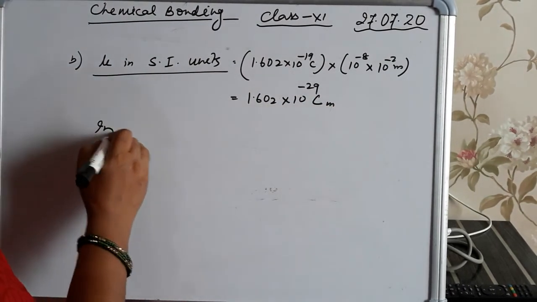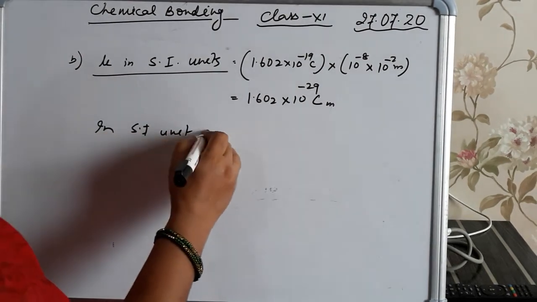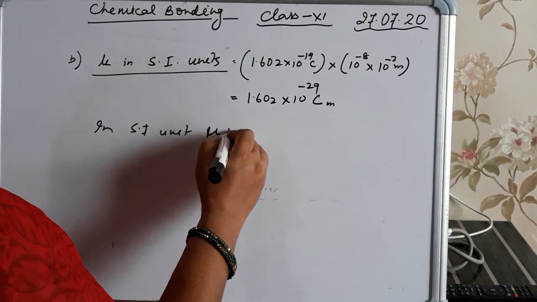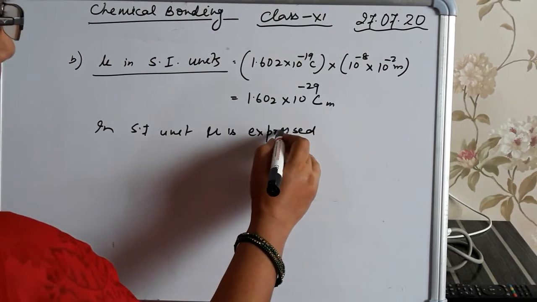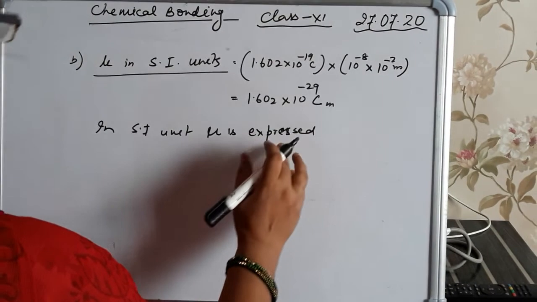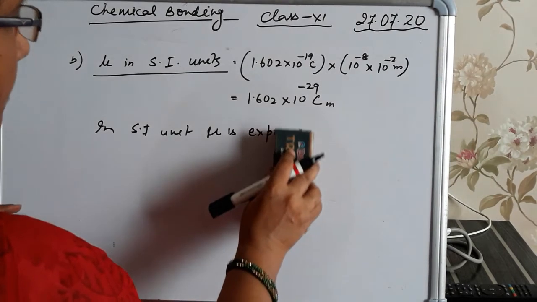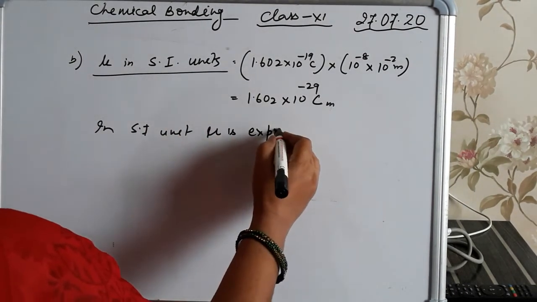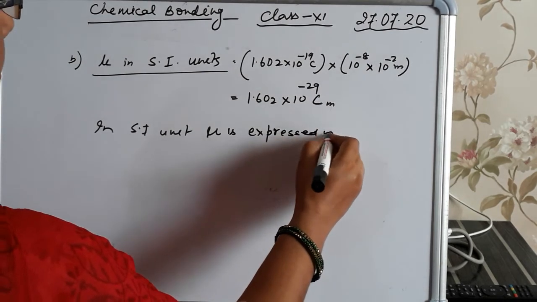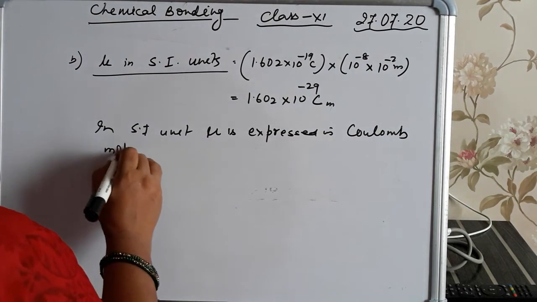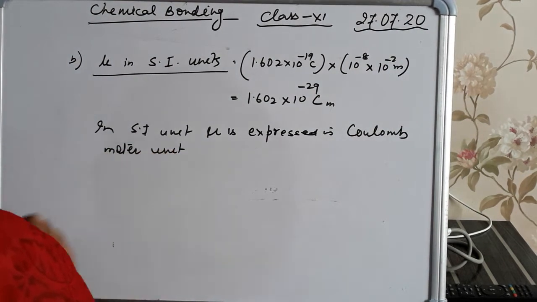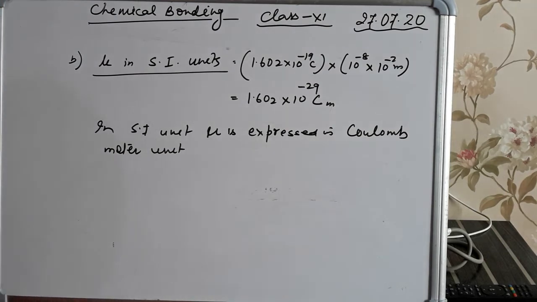So students, in SI unit, mu is expressed in coulomb meter unit. In this way we can represent the meaning or definition of dipole moment and its units.